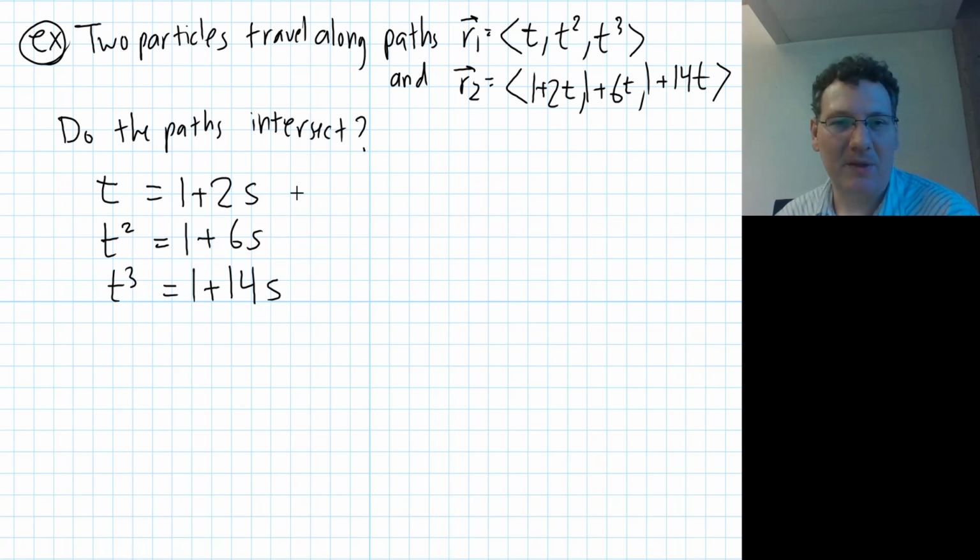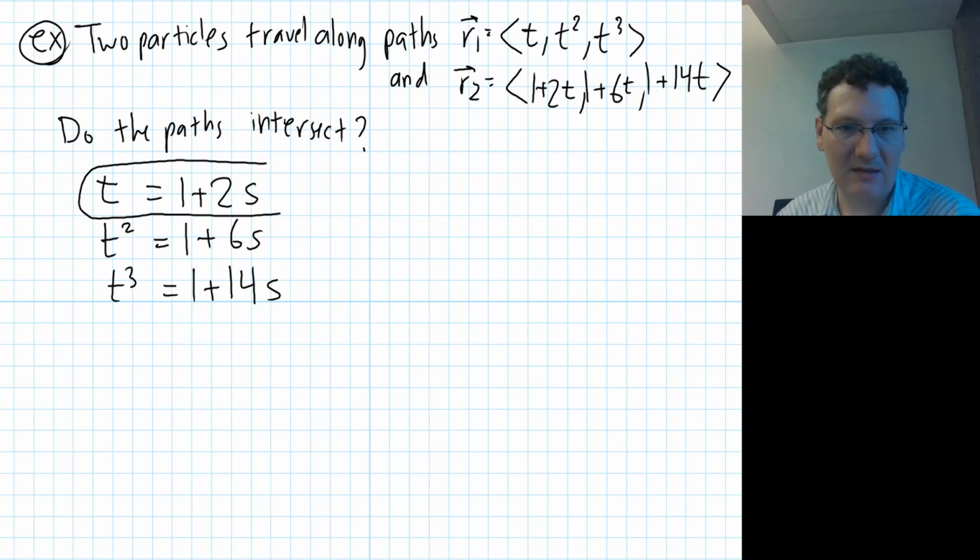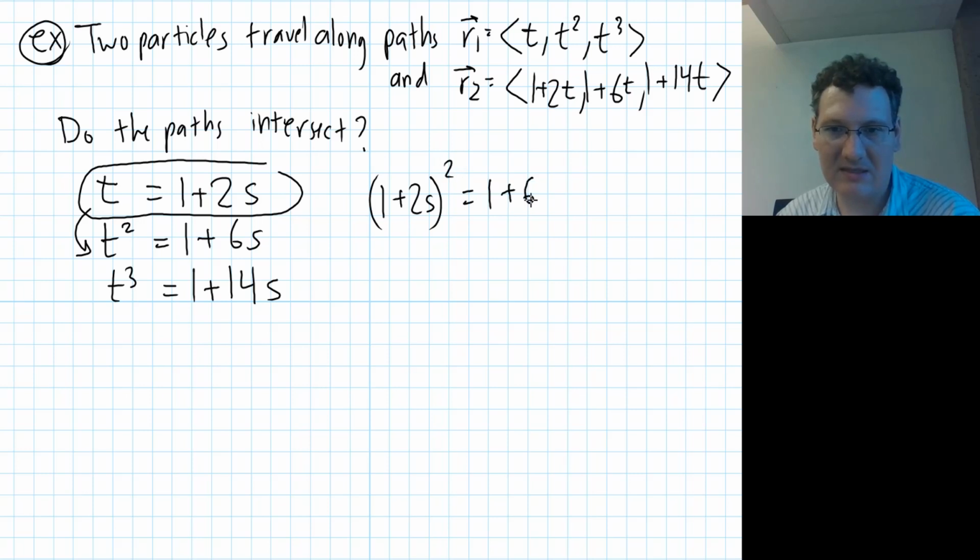Well, what does this mean? For the first one, we can replace t with 1 plus 2s, and then we get (1 plus 2s) squared equals 1 plus 6s.